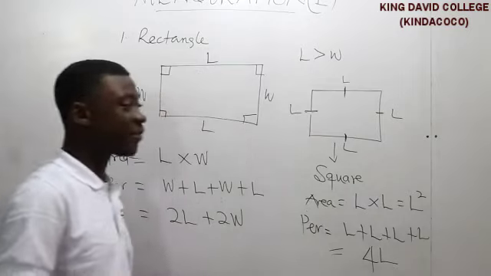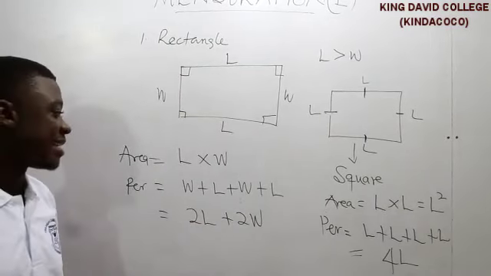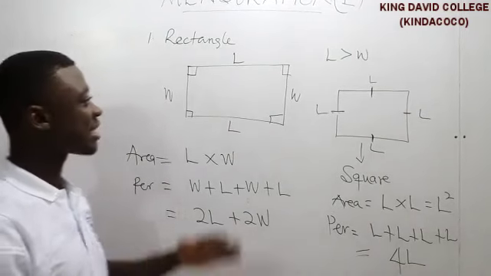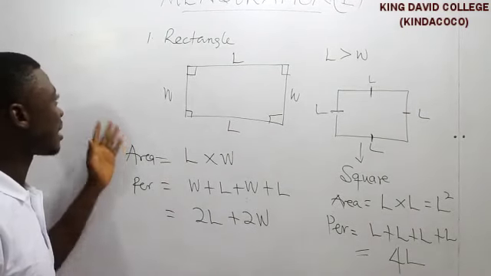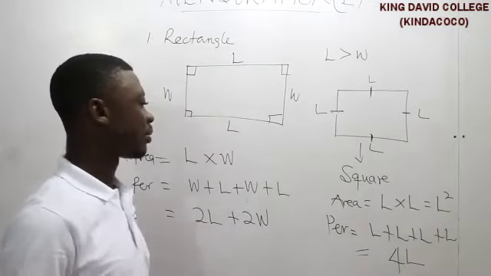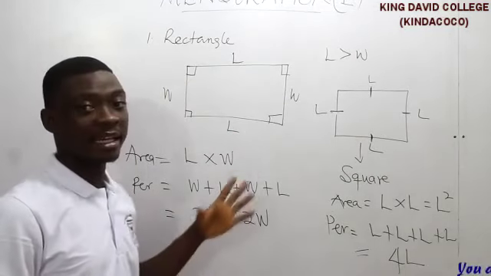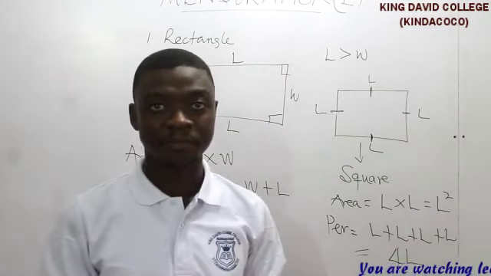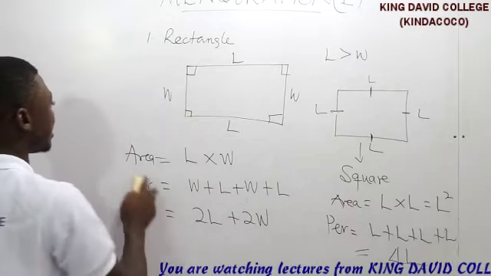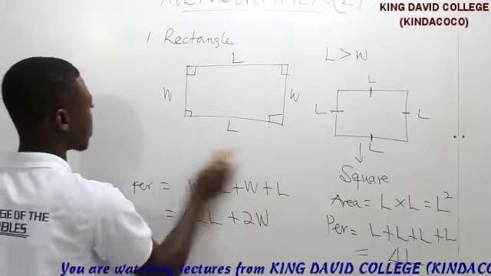So when you are looking for the perimeter of a square, it's simply 4L. Right? So this is how simple these shapes are. Rectangle and a square. That is their way of finding the area, and then their what? Perimeter.